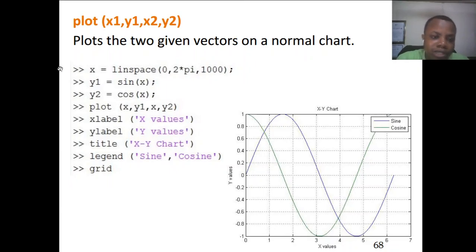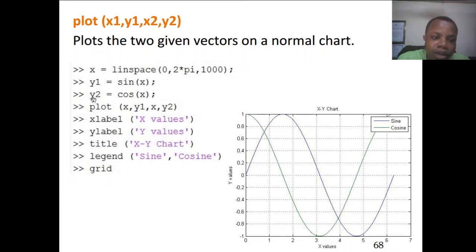So this is what the linspace is going to create. We are also going to create a new variable, y1, which will be evaluated as the sine of x. Remember, this x is about 1000 points, so once we find sine of x, this is going to find the sine of each of these points and assign it to y1.